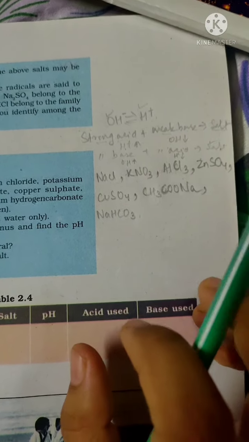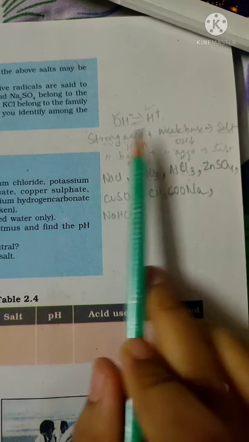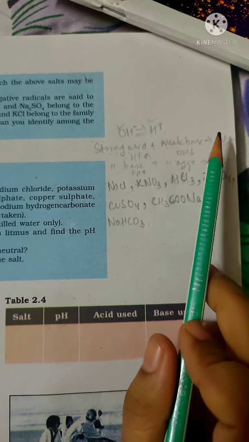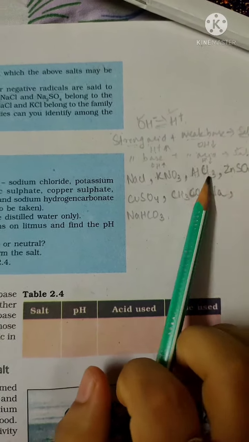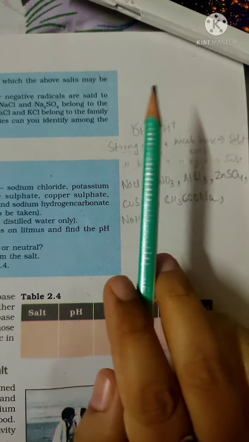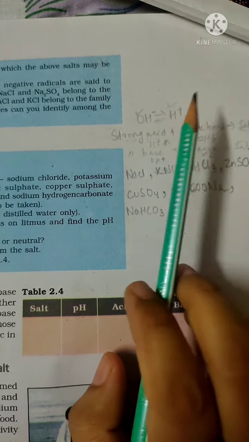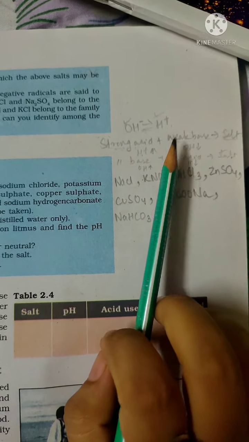I hope you understood. Strong acid plus weak base will be acidic salt, strong base plus weak acid will be basic salt, and strong acid plus strong base will give us neutral salt.